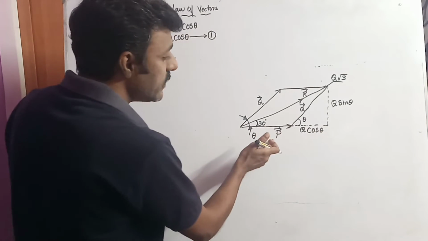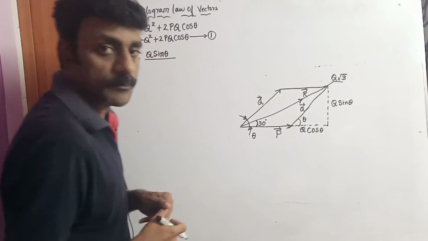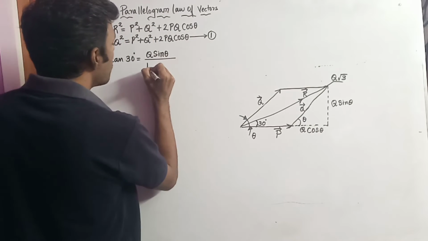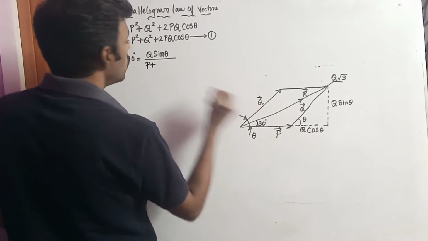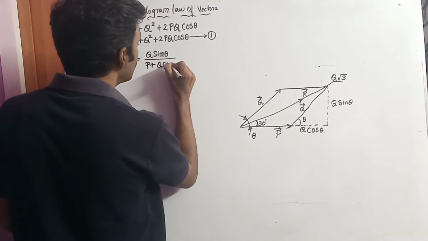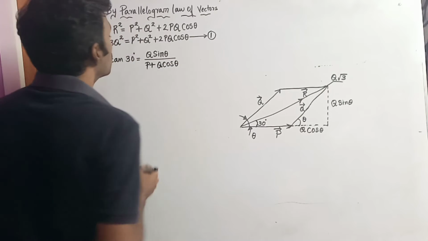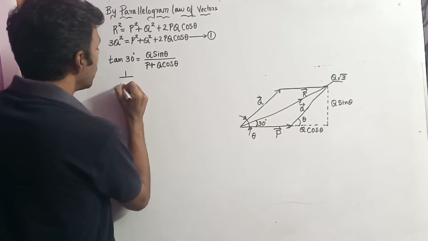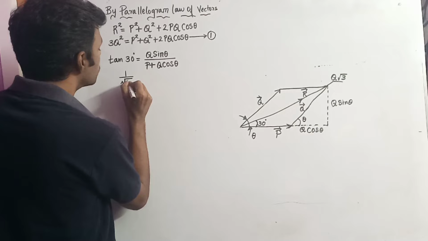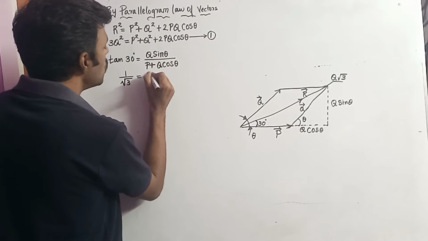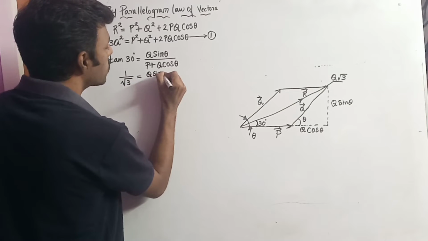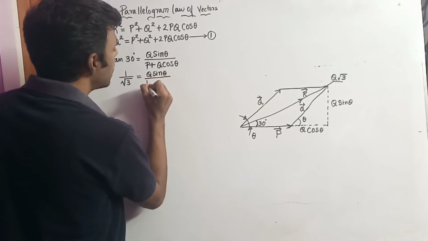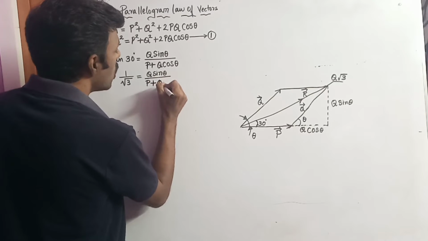The adjacent side is p plus q cos theta. So now what is tan 30 degrees? Tan 30 degrees will be 1 divided by root 3. That is nothing but q into sine theta divided by p plus q cos theta.